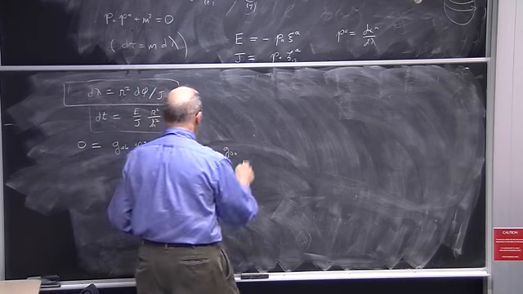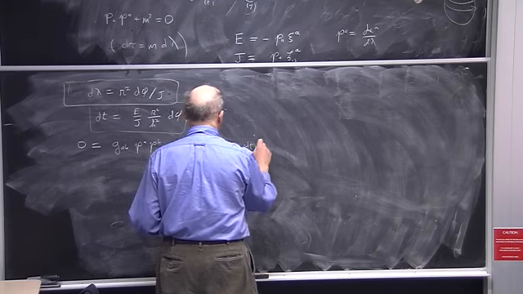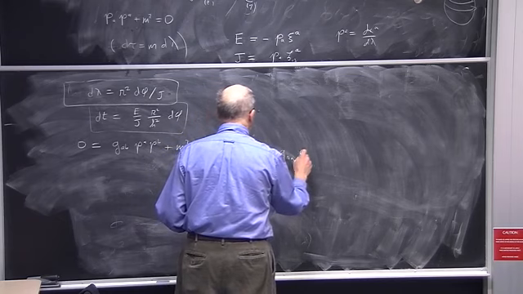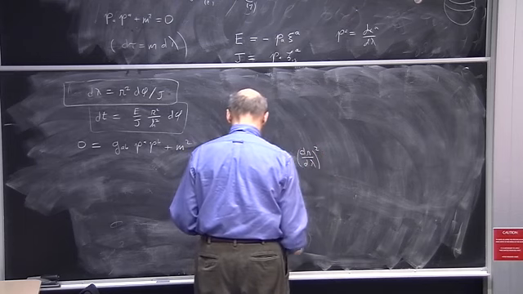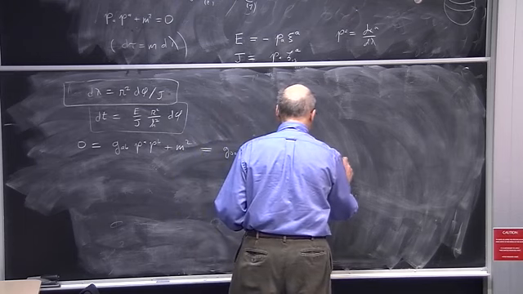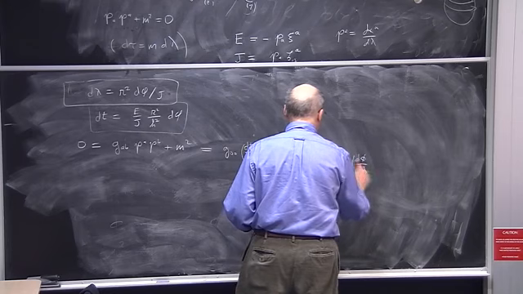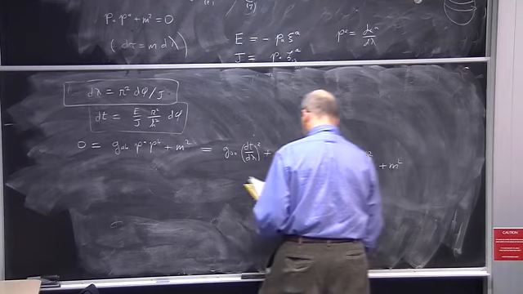So all we'll get is G00 (dt d lambda) squared plus GRR (dr d lambda) squared plus G phi phi (d phi d lambda) squared plus m squared.